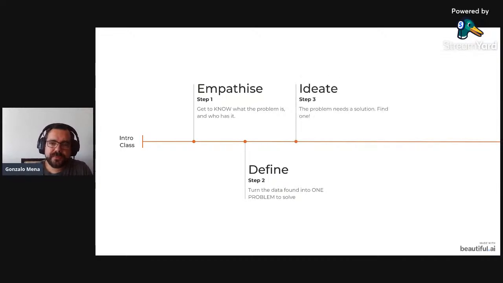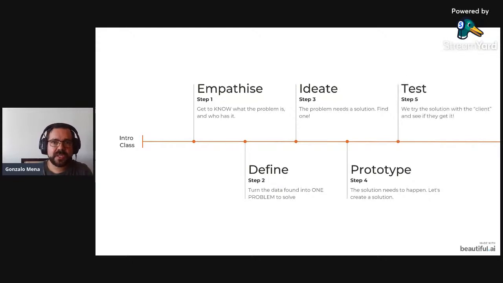On stage three of this process, we ideate. We already found the problem that we're going to be working on, and now we have to craft a solution to that problem. Stage four is prototyping. This solution that I have in my head, now I turn it into paper, into whatever form or format I'm going to use to actually create the product or make the service available to the people.